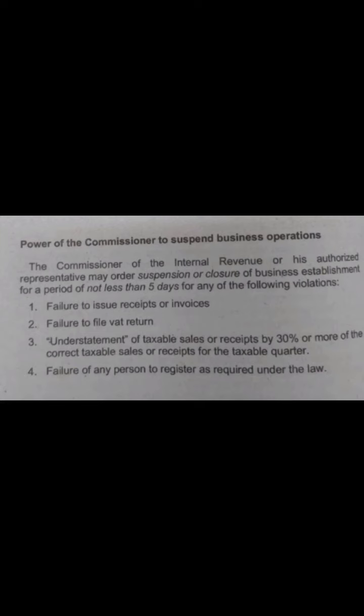When is the time that the Commissioner of Internal Revenue or CIR can suspend a business operation? The Commissioner of Internal Revenue or his authorized representative may order suspension or closure of a business establishment for a period of not less than 5 days for any of the following violations.